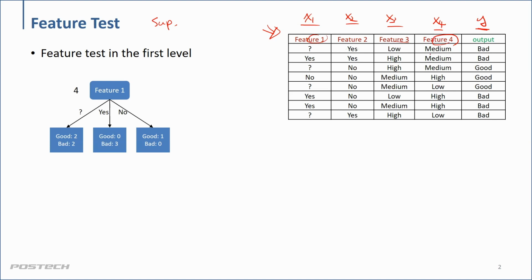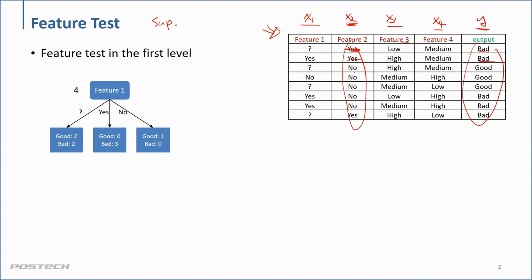Based on this, I want to create a classification model. It's a classification problem. And I want to see, say, if I use this one, probably yes for feature 2 is bad.